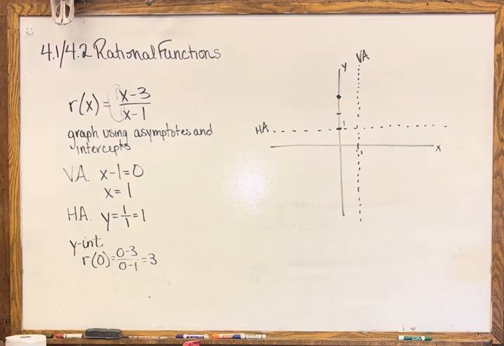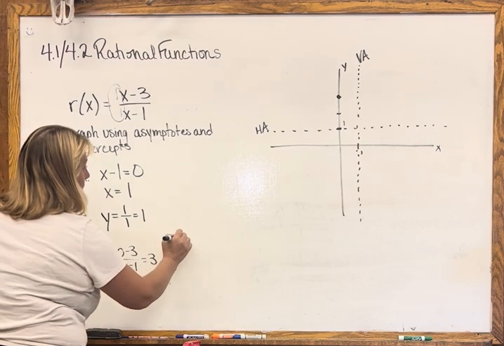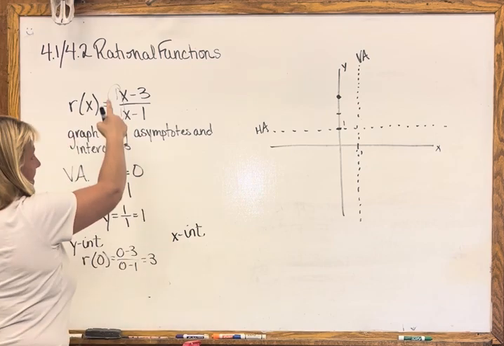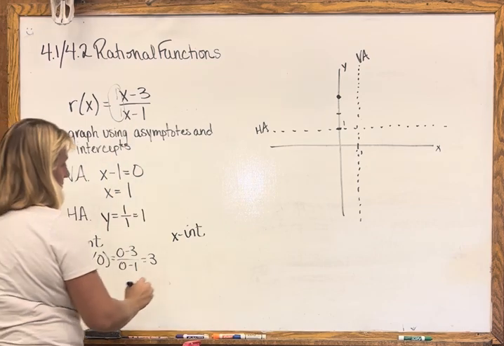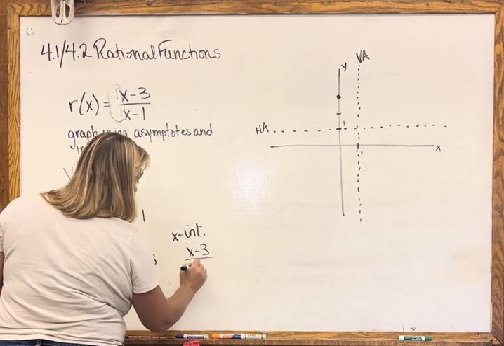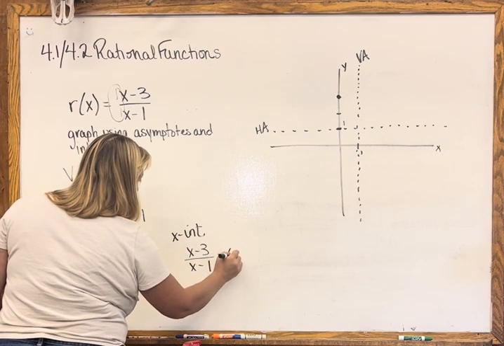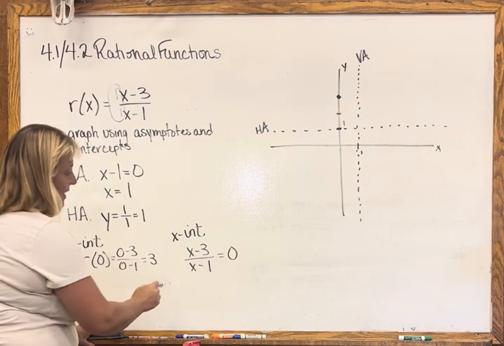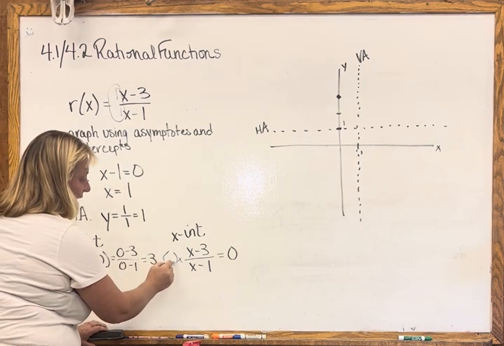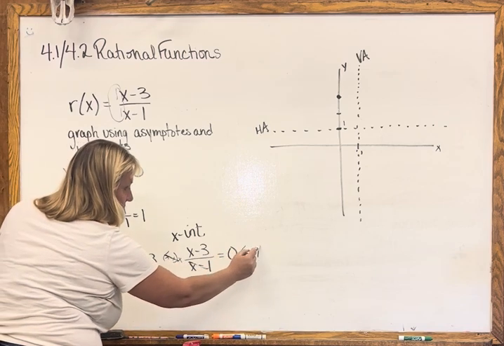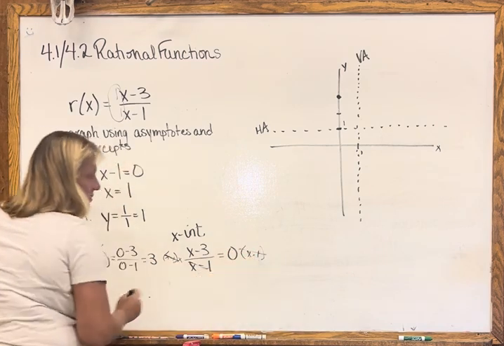And now we need our x-intercepts. So to find our x-intercepts, we're going to set that guy equal to 0, aren't we? So we're going to take x minus 3 over x minus 1 and set it equal to 0. Now the nice thing about this is when you go to multiply both sides by the x minus 1 and you multiply by 0, it cancels out, right?